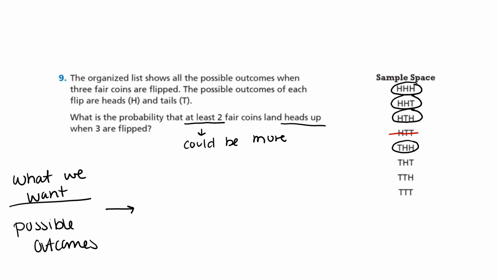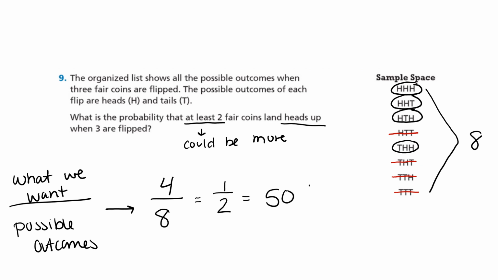We are not going to pick any of the choices with 2 tails or the last choice with 3 tails. So there are 4 things that we want to have happen, and there was a total of 8 possible outcomes. So 8 is our denominator. 4 over 8 simplifies to 1/2, which is 50%.